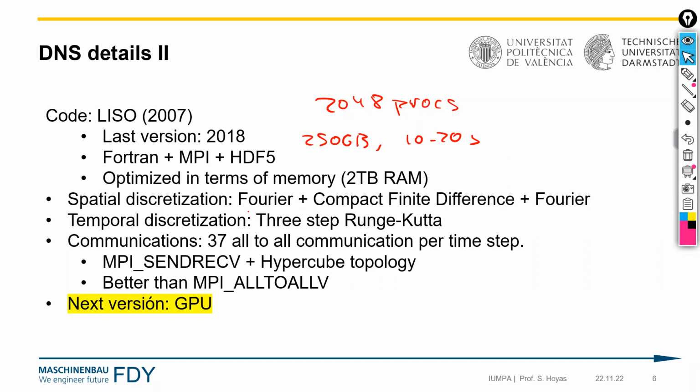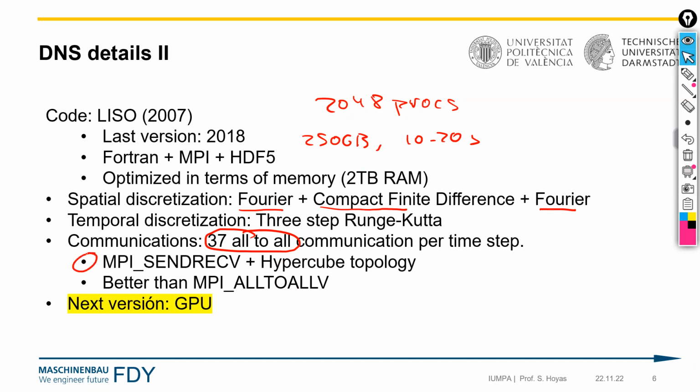The spatial discretization is Fourier, and in Y, where we have the walls, a compact finite difference. The temporal discretization is a three-step Runge-Kutta. About the communication, for every time step we have to do 37 all-to-all communications, where we are moving all the data across the machine. For doing this, there were two alternatives.